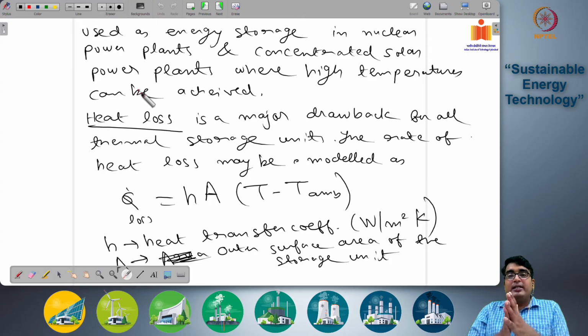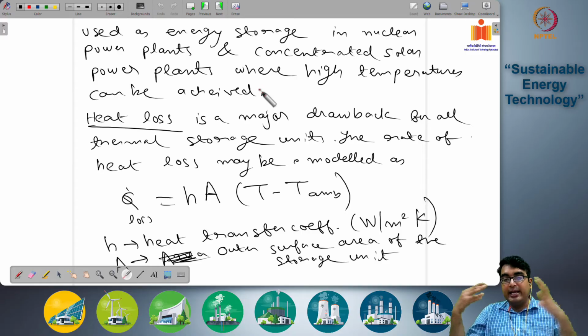This molten salt based technology is often used in nuclear power plants and concentrated solar power plants where high temperatures can be achieved. If you remember the concentrated solar thermal power plants, you are focusing all the sunlight into a small area, those radial concentrated solar power systems, and you are getting very high temperatures.